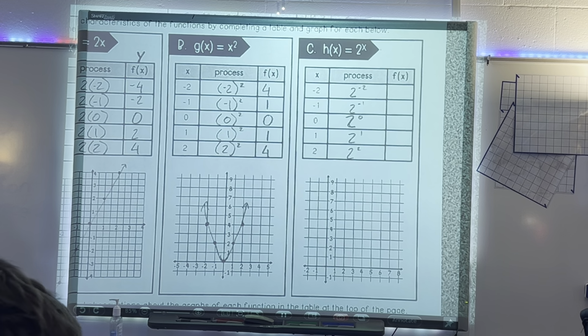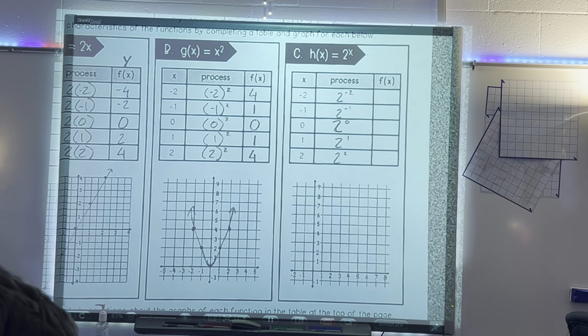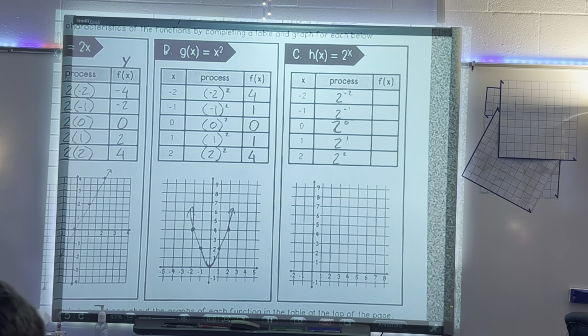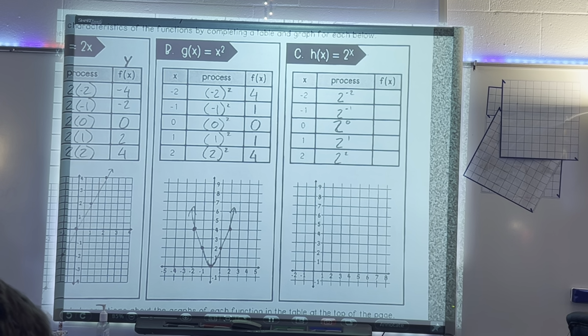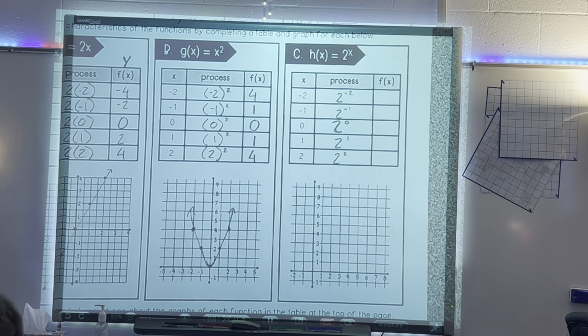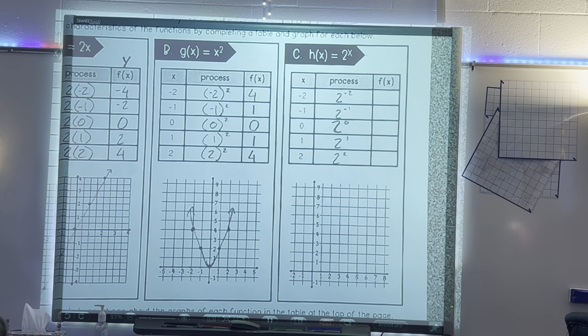We talked about a while ago, when I took 2 to the second power, it gave me 4, 2 to the third power gave me 8, 2 to the fourth power gave me 16, and so on. Those numbers are getting bigger and bigger, right? Okay, so if taking it to a positive power makes my number get bigger, what do you think it's going to do when I take it to a negative power? It's going to get smaller.